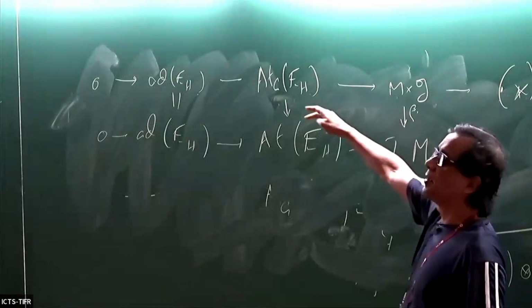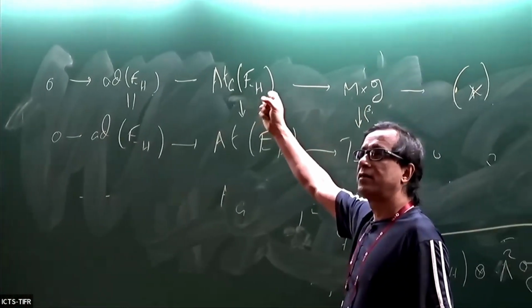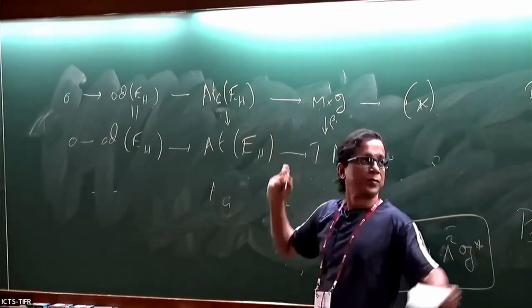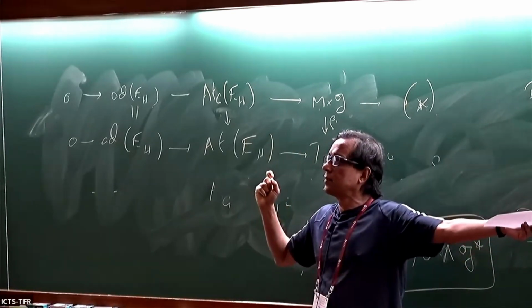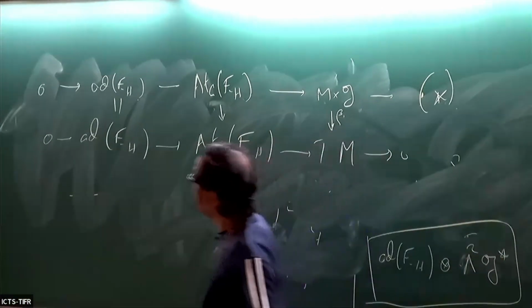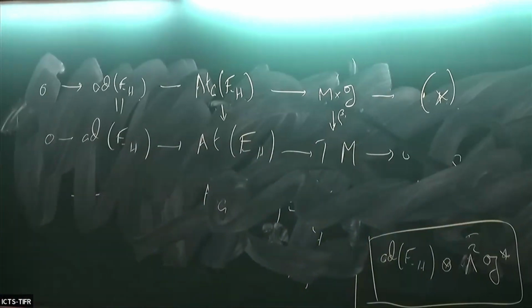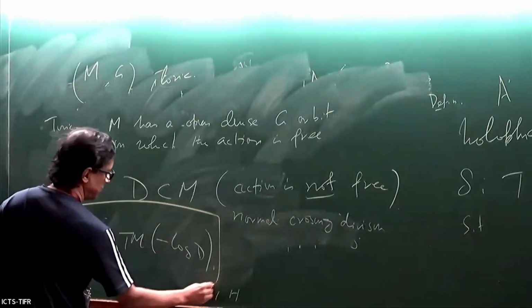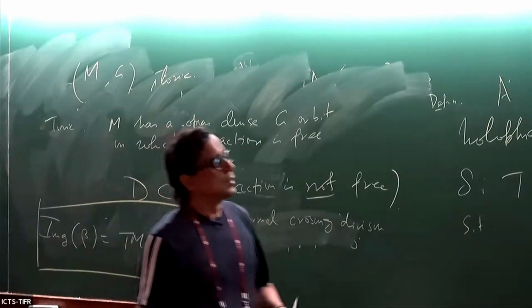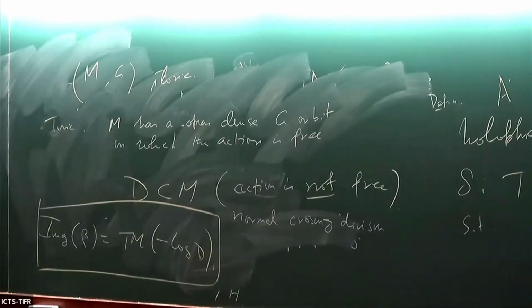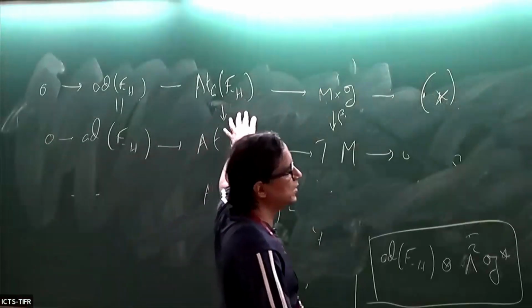So this is becoming the logarithmic Atiyah exact sequence. So splitting is just a logarithmic connection, right?